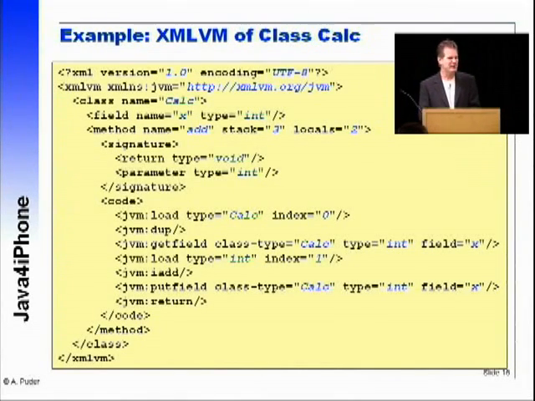How many local variables does this method need? The method has a signature. It has a return type void. It has one formal parameter of type int. And then I guess the meat of this XML document would be the code tag. That contains the bytecode instructions that you would find in a class file. And that is what the Java virtual machine would execute step by step in running this class.